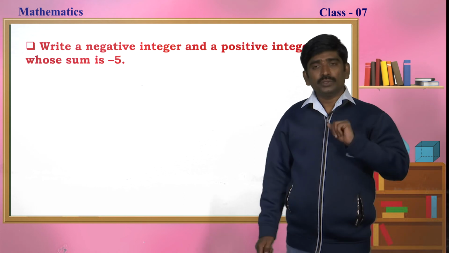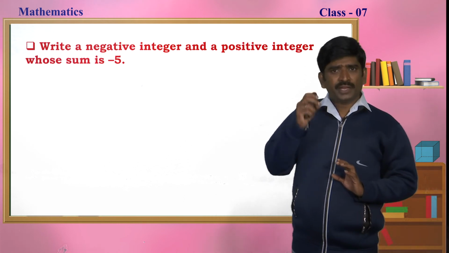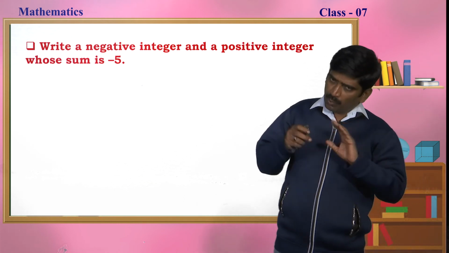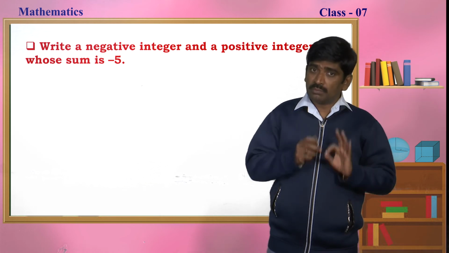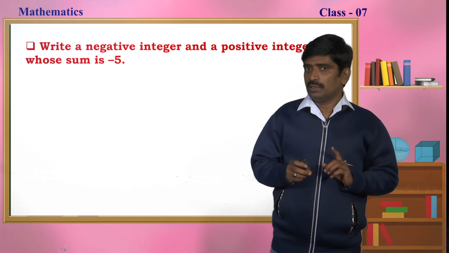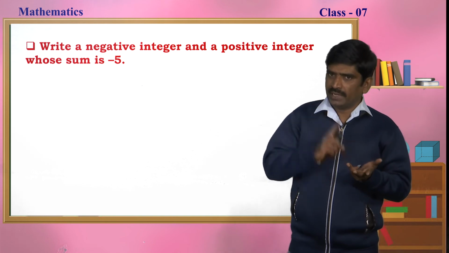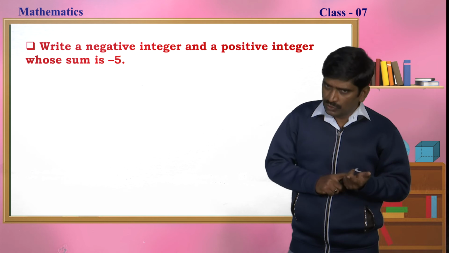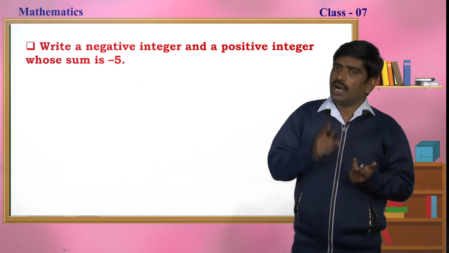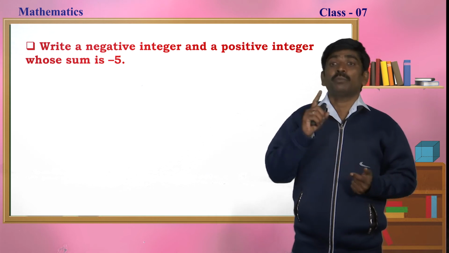Very good. Third question, write a negative integer and a positive integer whose sum is minus 5. Read carefully. One negative integer, one positive integer, their addition, their sum is minus 5.